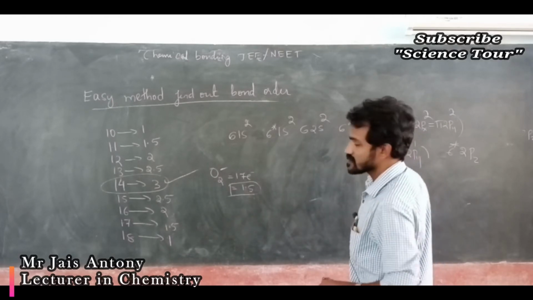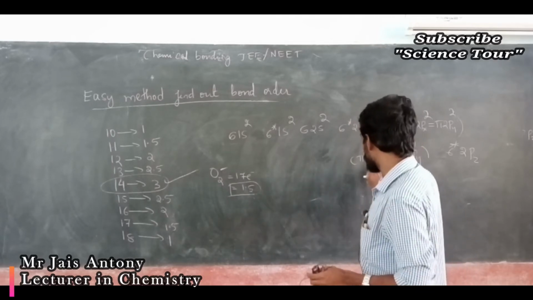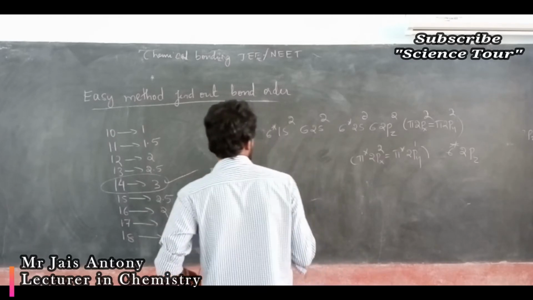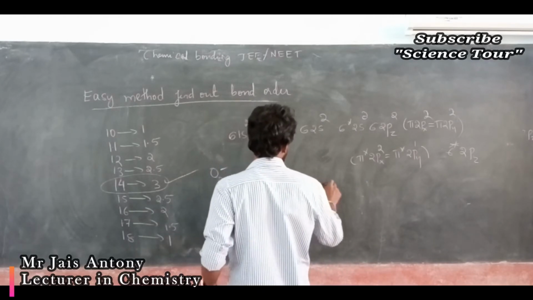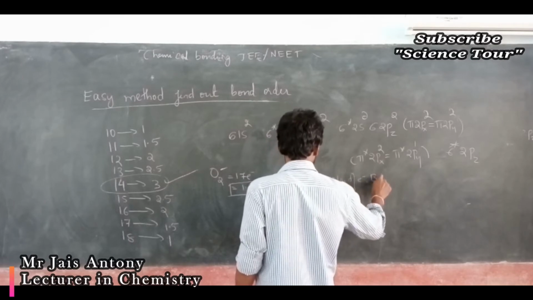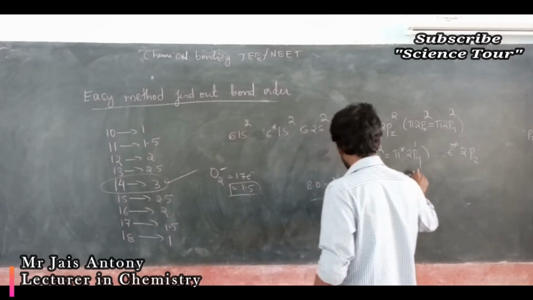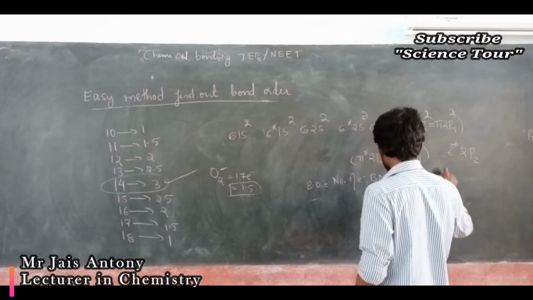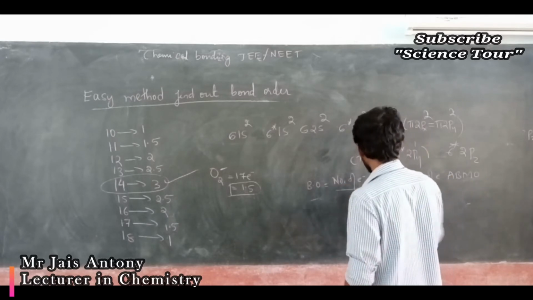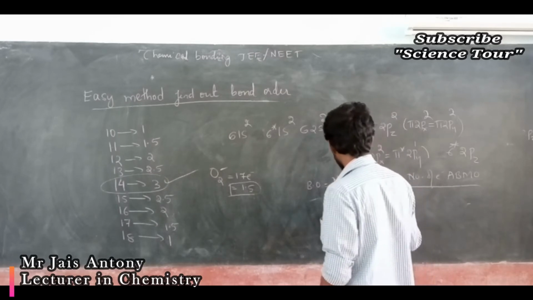It is like this. First you have to give 1 electron each because they are same-energy orbitals. Bond order is equal to the number of electrons in BMO minus the number of electrons in ABMO, divided by 2.